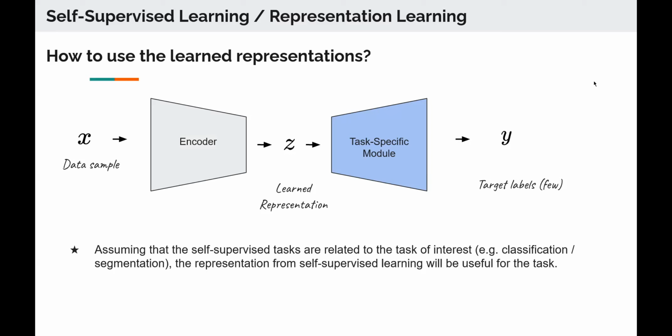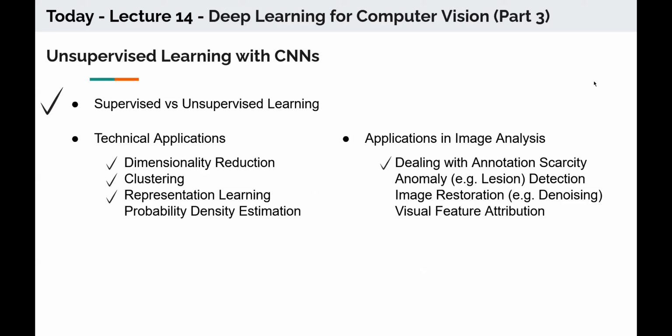Okay, if there is nothing else at this point, let's move on to the next one. What we have done so far is look at the difference between supervised and unsupervised learning, and then at what we can do with unsupervised learning. We only briefly covered dimensionality reduction and clustering because I believe most of you are already familiar with these ideas.